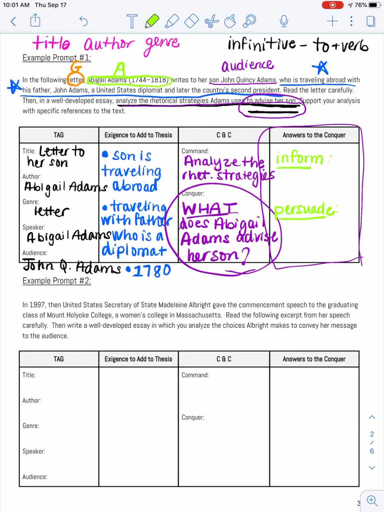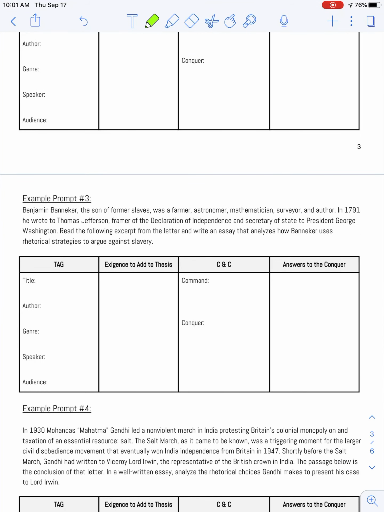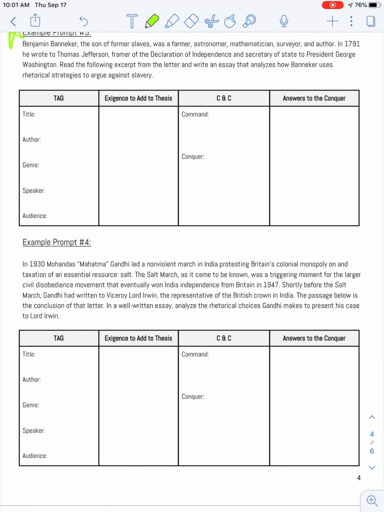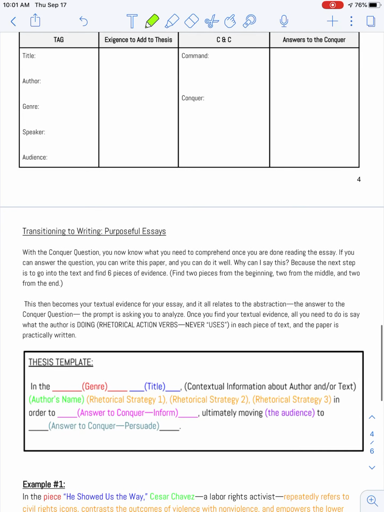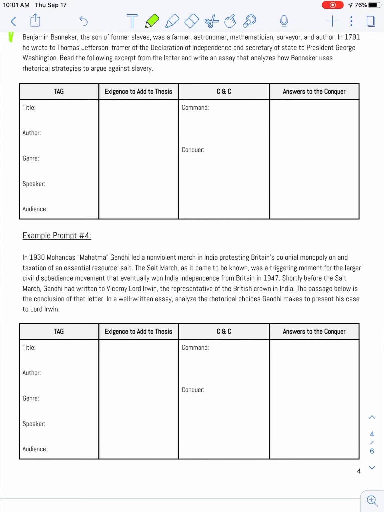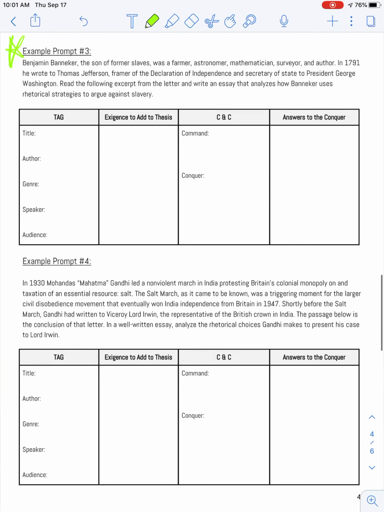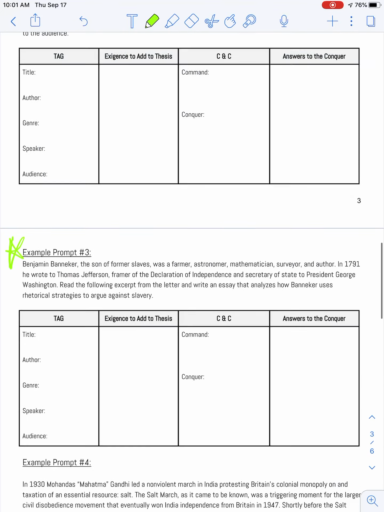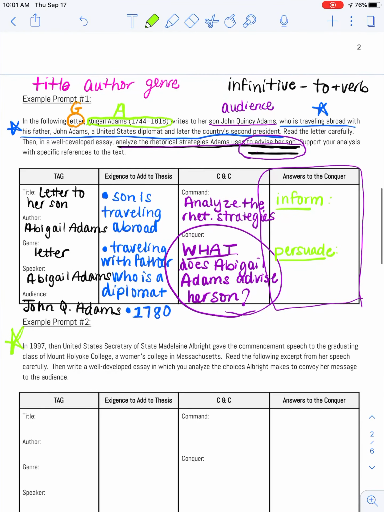Okay? So, what I would like you to do is I would like you to try the same thing, underlining, identifying, follow the instructions in your packet for prompt number 2, for prompt number 3, and then we're going to do prompt number 4 together in class. Okay? We're going to use this as a way of transitioning to thesis statements. So again, what you needed to do in this video, you should have read up to page 3, where you got to these charts.